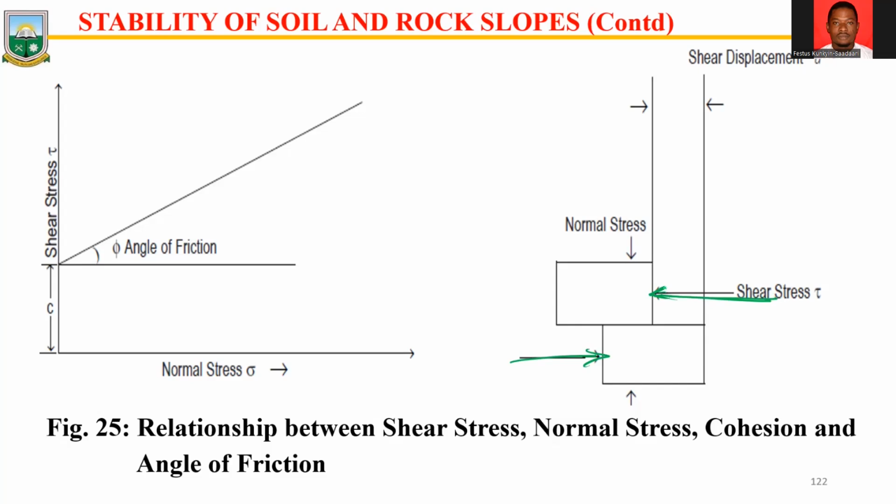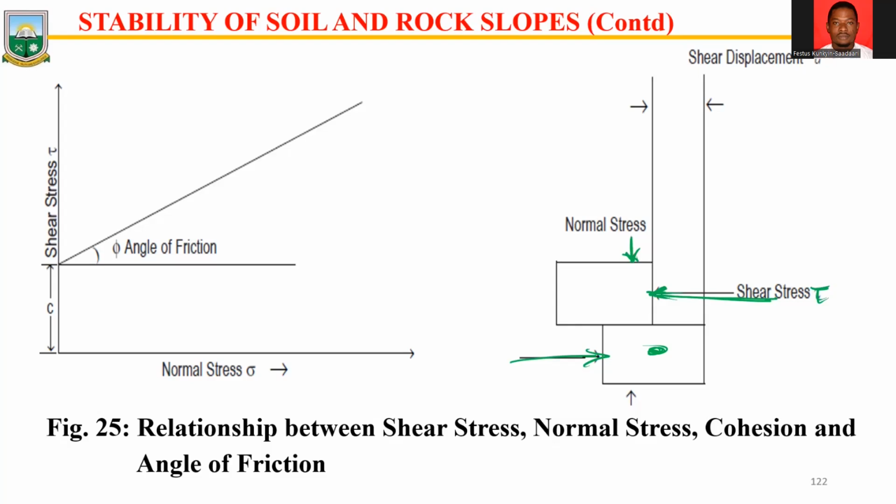And so if I increase this shear stress that is causing the sliding, then the normal stress must also be increased to avoid the movement in this direction, whilst I expect that the resistive force within this particular block must also be high. So for shear strength, if I'm applying a shear stress, then the shear strength must be higher.